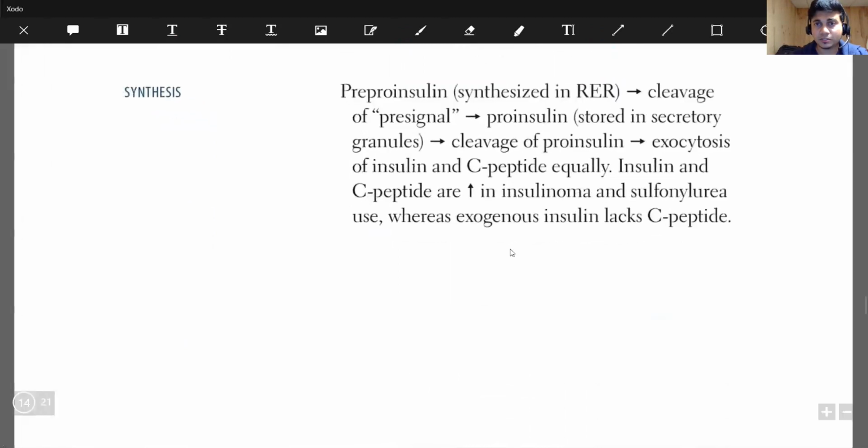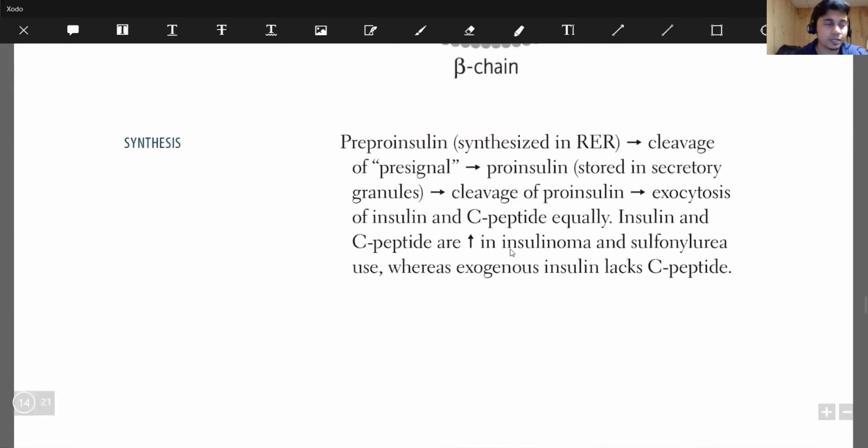Now here is some discussion about the insulin. As we know that it's a protein hormone, so when the insulin is getting produced, it will follow the path of protein synthesis, right? First, the DNA for the insulin will be transcribed to some mRNA. That's the normal genetics.